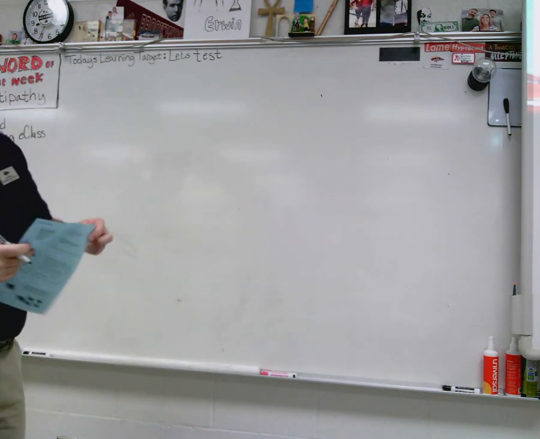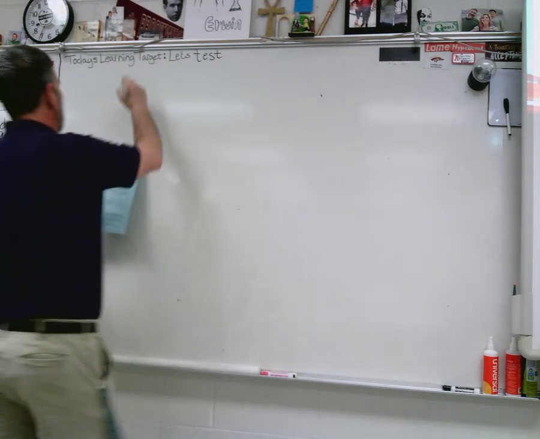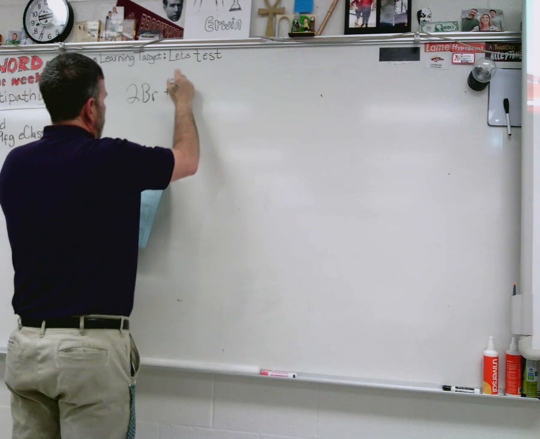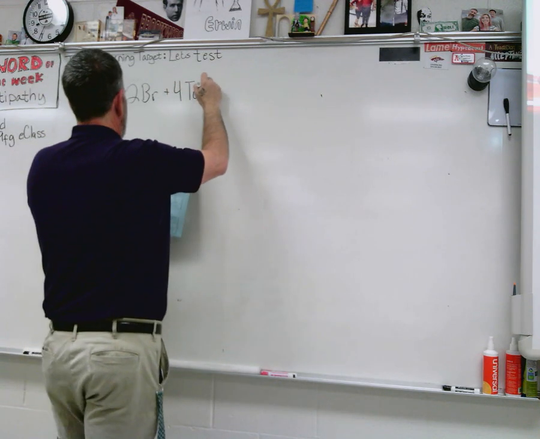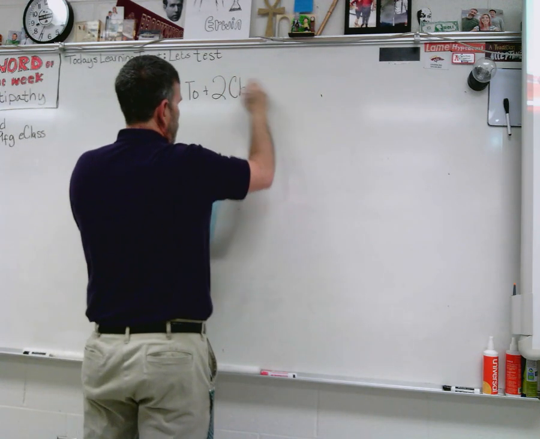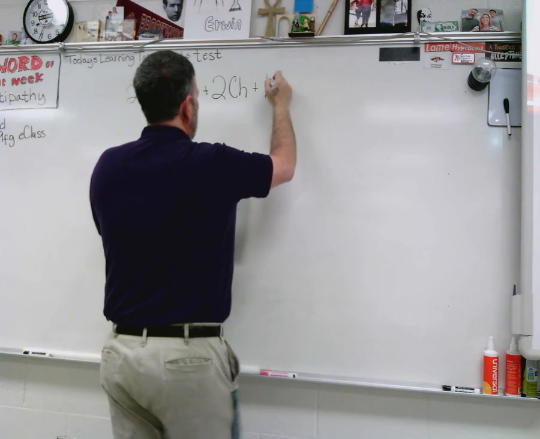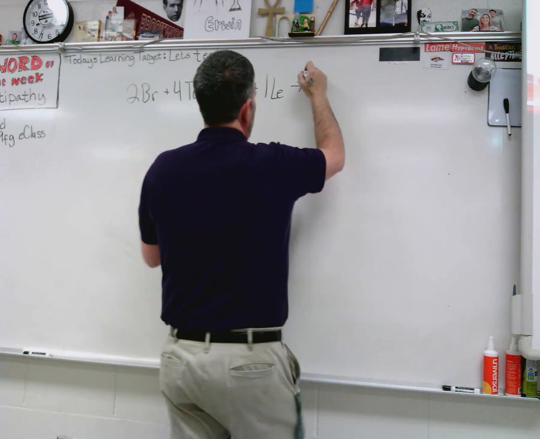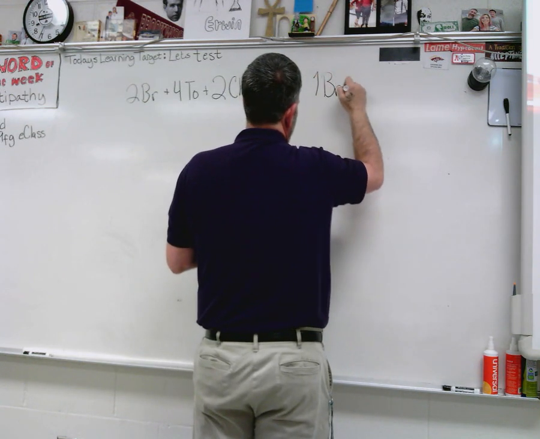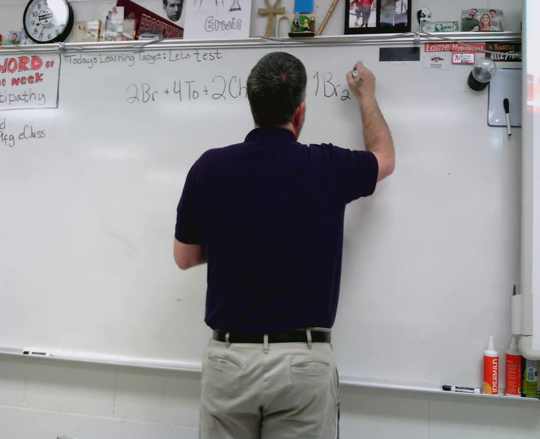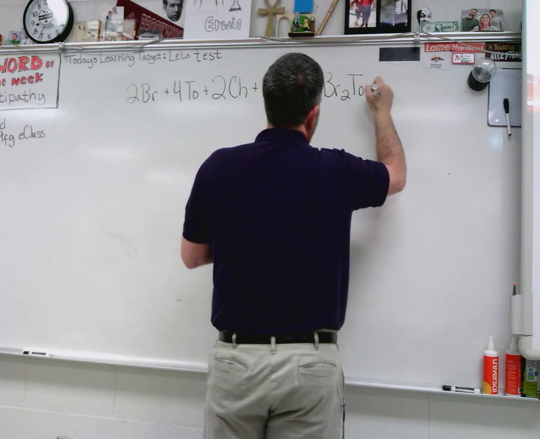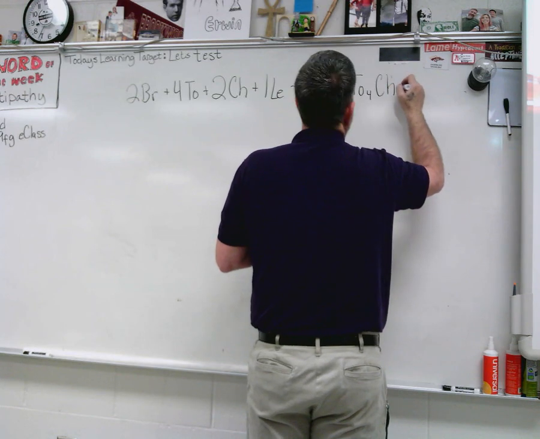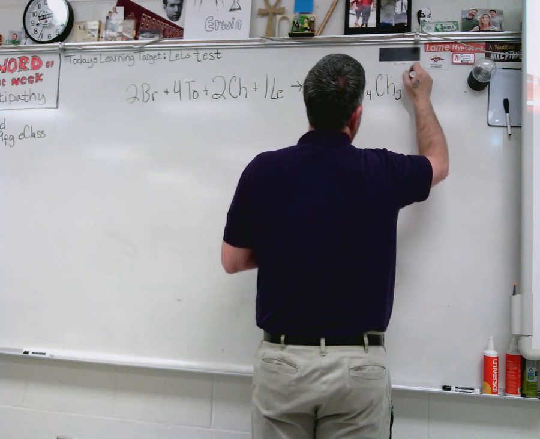So they use sandwiches again. I'm going to write the recipe up here. 2 bread plus 4 tomatoes plus 2 cheeses plus 1 lettuce goes to make 1 sandwich, which is 1 BR2TO4CH2LE.